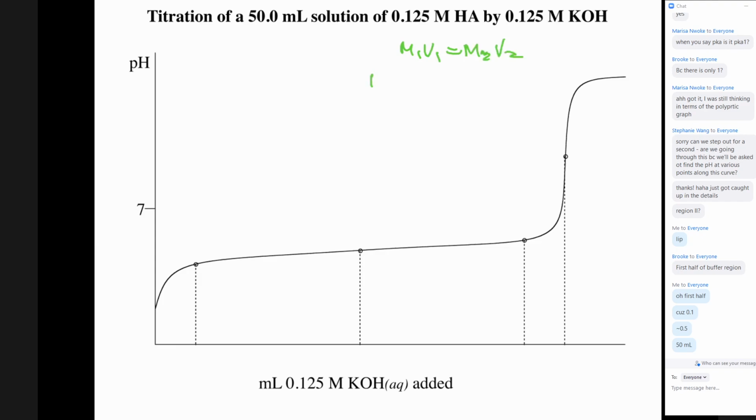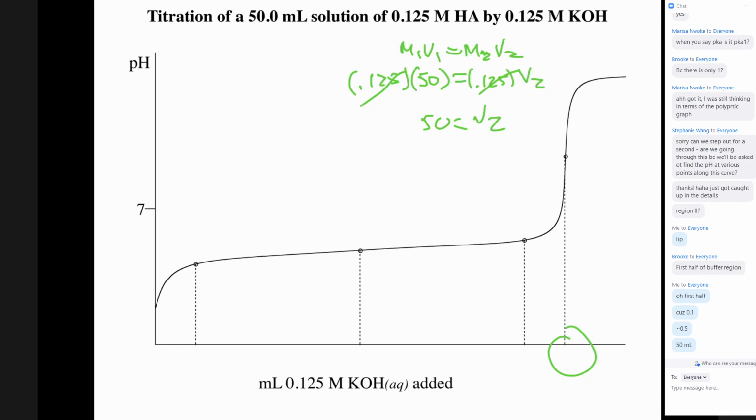So 0.125 times 50 equals 0.125 for the base times V2. 50 equals V2. Perfect, so that means down here I get a 50.